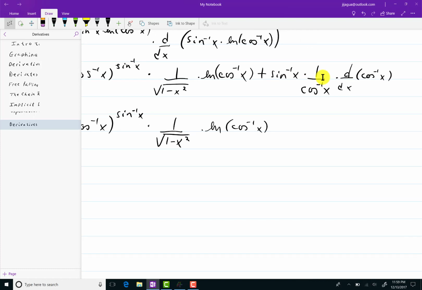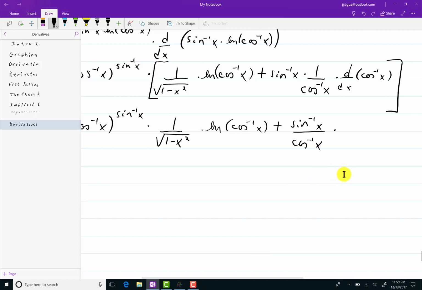I should have had parentheses. I'm going to put brackets around this. It's so big. I forgot them. Plus sine inverse. I'm going to combine that at least. So we'll have sine inverse of x all over cosine inverse of x times.